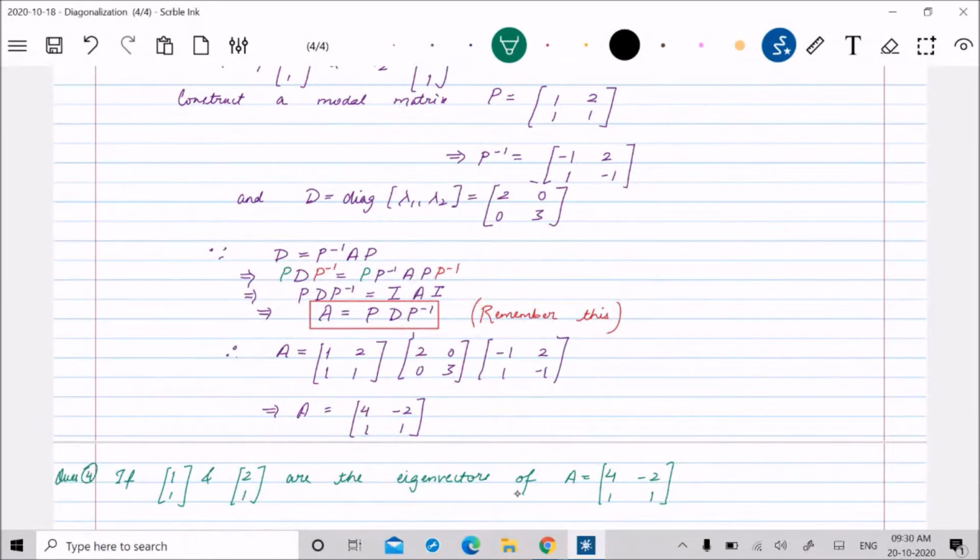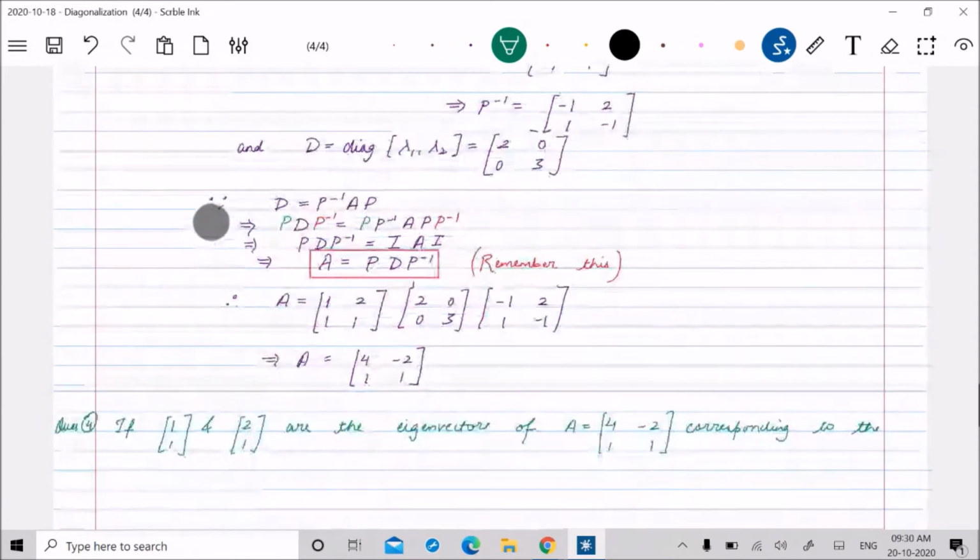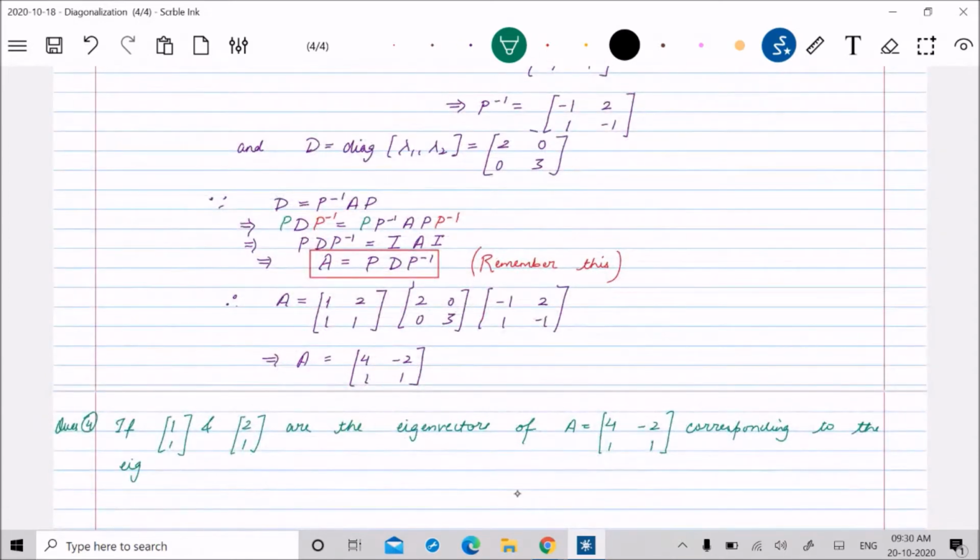Eigenvectors of A corresponding to the eigenvalues lambda 1 and lambda 2. Find the eigenvalues.